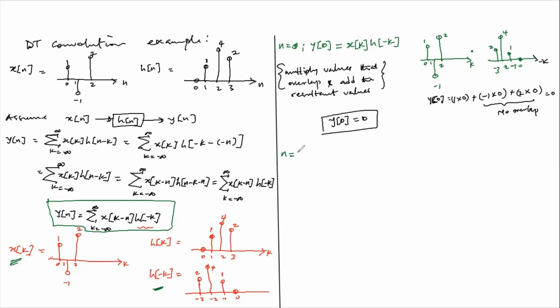Let's say when n is the same as 1, so y of 1 will be, substituting into this, n is the same as 1, so that will be k minus 1 times h of minus k.